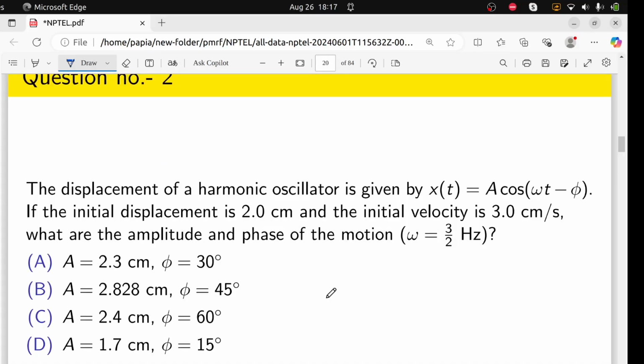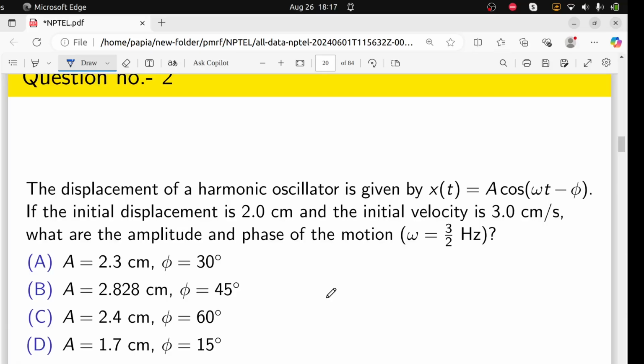question number 2. The displacement of a harmonic oscillator is given by x(t) equals A cos(omega t minus phi). Okay, very good.